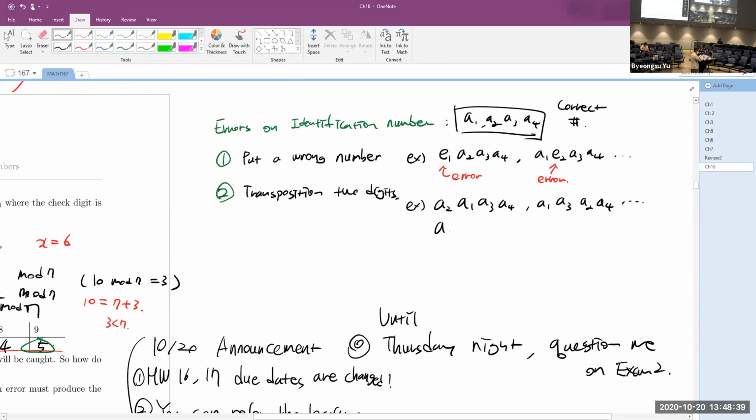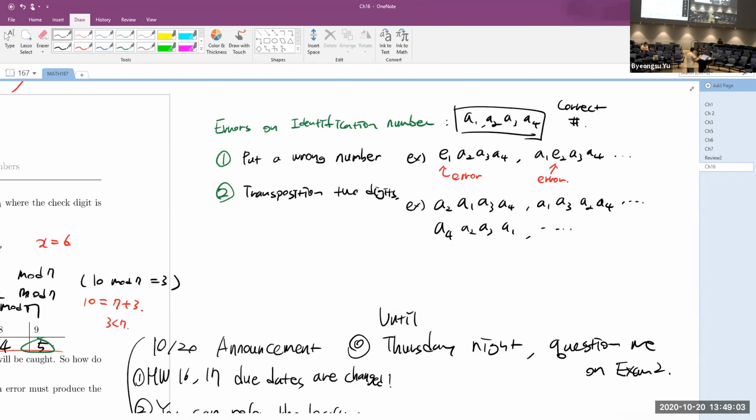Maybe you write down A4 first, then A2, A3, A1, something like that, right? So these are two common errors in identification numbers. What we want to do today is check whether a given check digit can catch this kind of error or not, right?